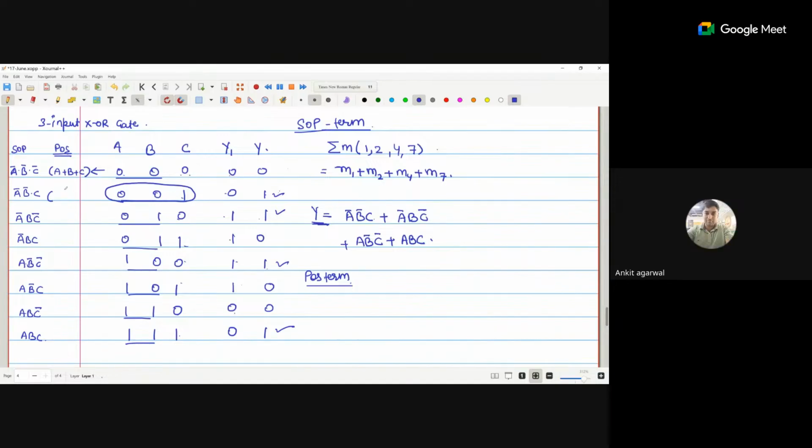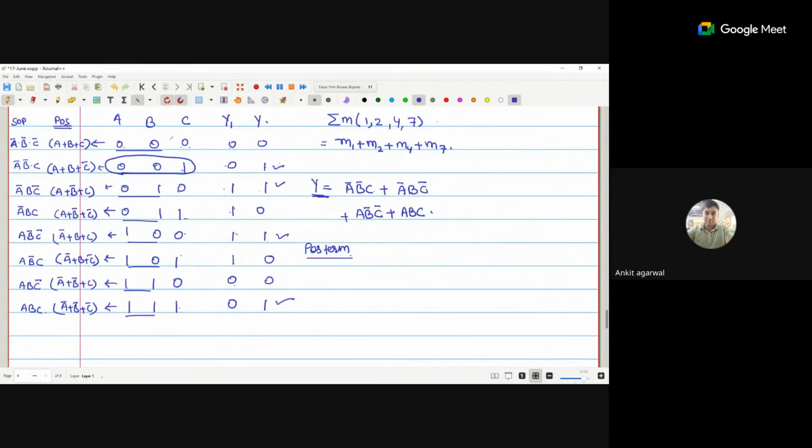The second term is A plus B plus C bar. Okay, good.